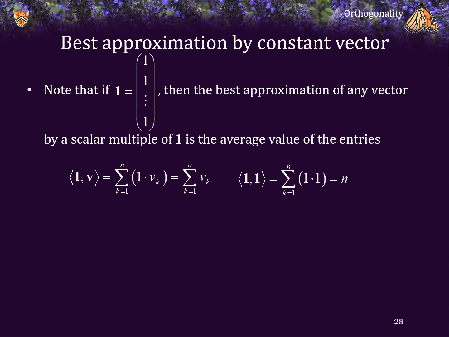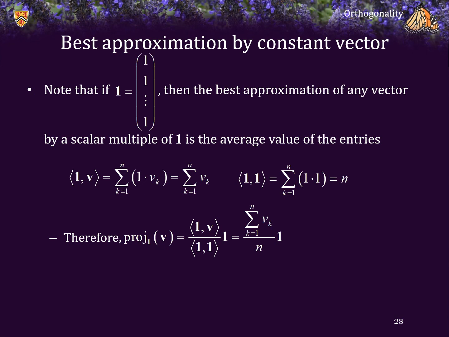Similarly, the inner product of the one vector with itself is just the sum of 1, n times, which is equal to n. Therefore, the projection of any vector onto the one vector is just the sum of the entries over n, which is the average value of the entries of the vector. And this is all multiplied by the one vector.